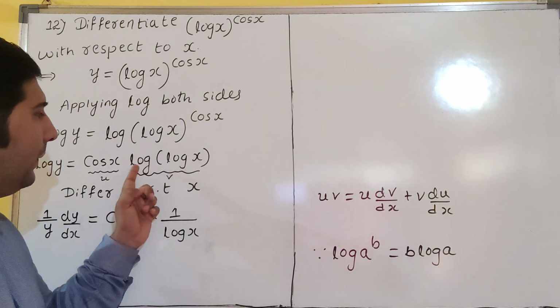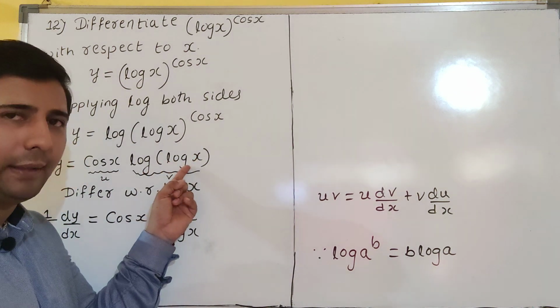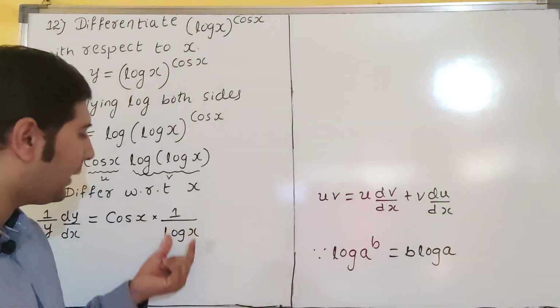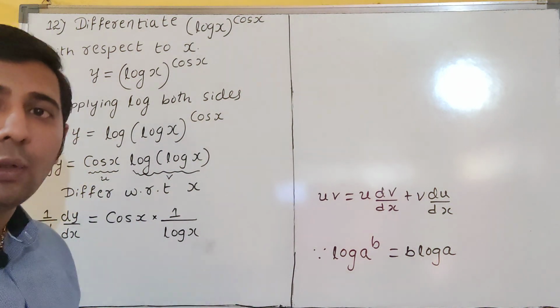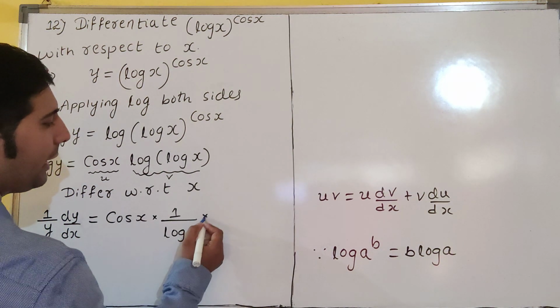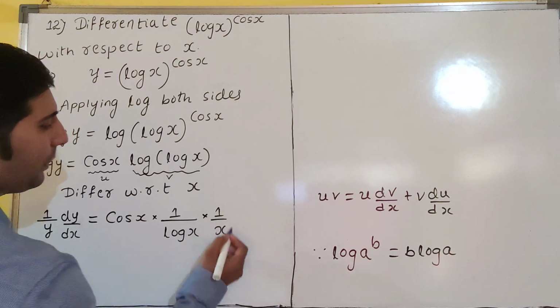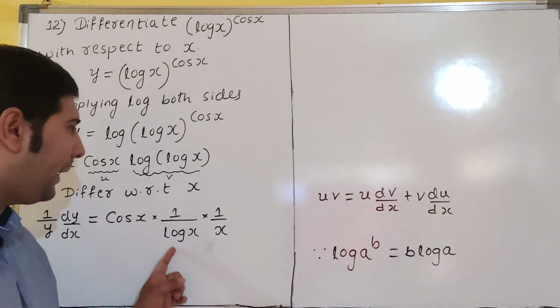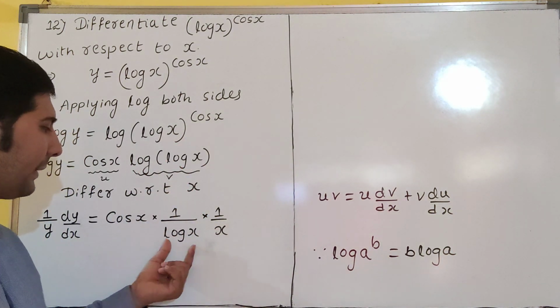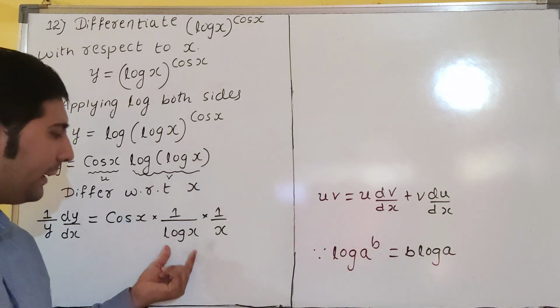Log of log x, you have taken log x as the variable. Log x derivative is 1 by x. Once again I will repeat. This is looking like log x. Log x derivative is 1 by x. In place of x, log x is there or not?